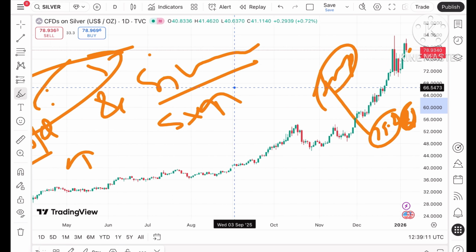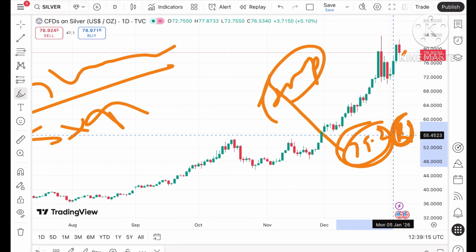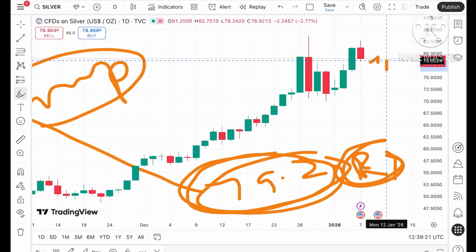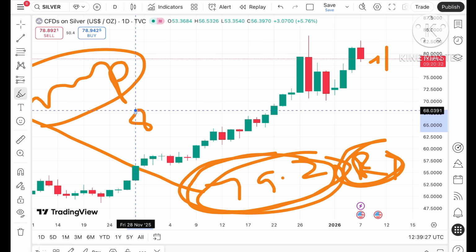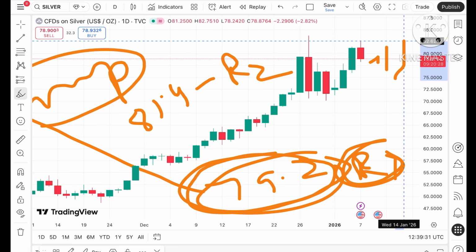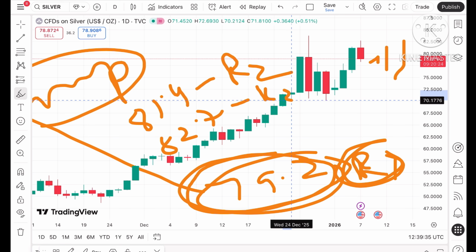But today what we have seen is profit booking. As soon as the price rises above 79.2, we can see there can be a further upside. So keep this point as an important level. If the price rises above this level, trail your SL and keep this as a SL. If the price sustains, we can see the next level is 81.4, which is a resistance too. Once the price rises above this level, the probability of going towards 82.7, which is resistance 3.